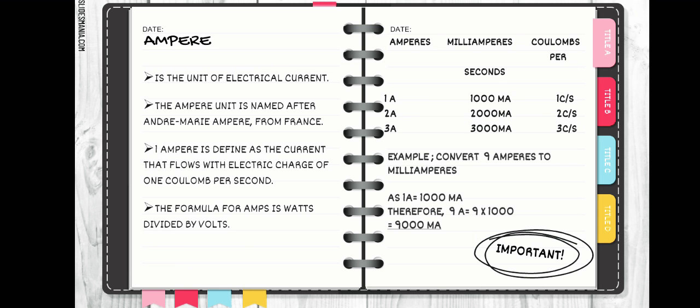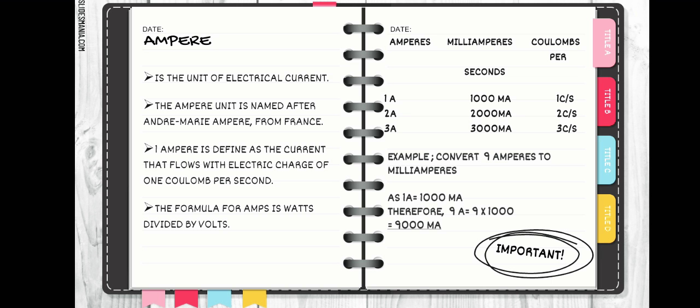So next, the ampere. It is named after André-Marie Ampère from France, who discovered it. 1 ampere is defined as the current that flows with an electric charge of 1 coulomb per second. So here is the conversion table. 1 ampere is equivalent to 1000 milliamperes, or 1 coulomb per second, and so on and so forth.